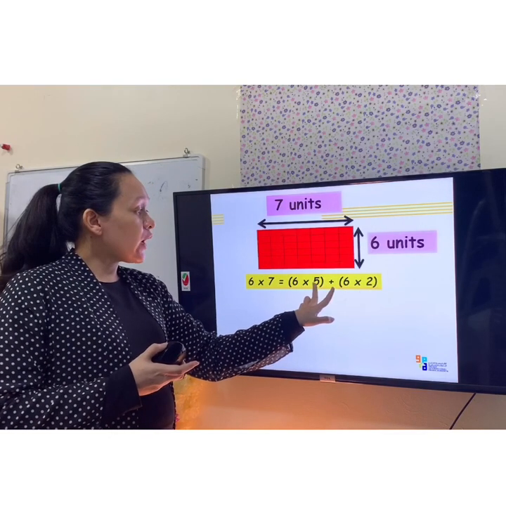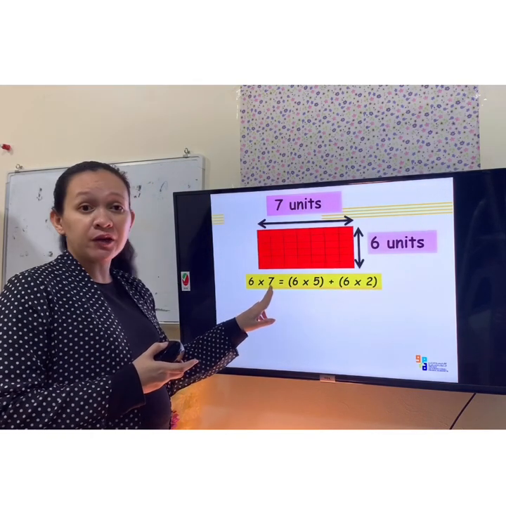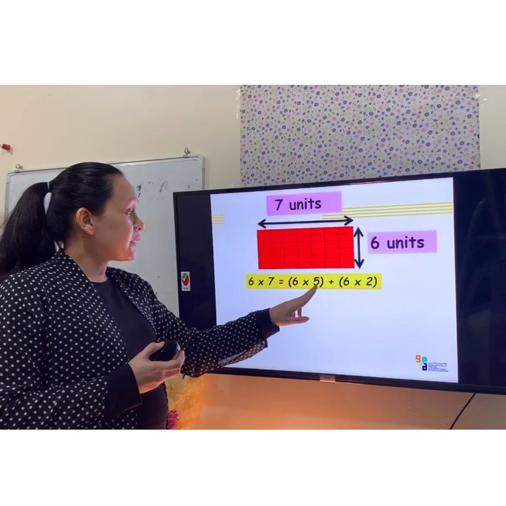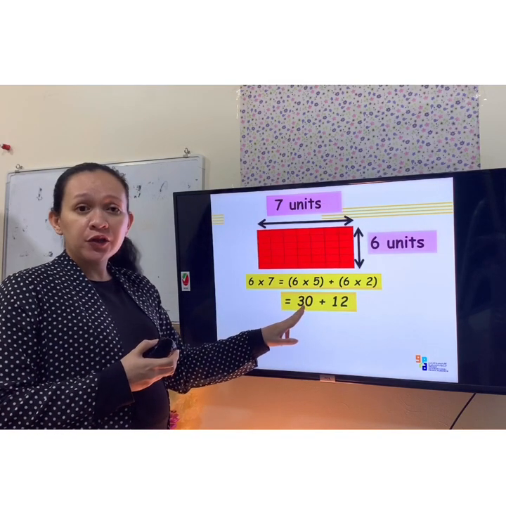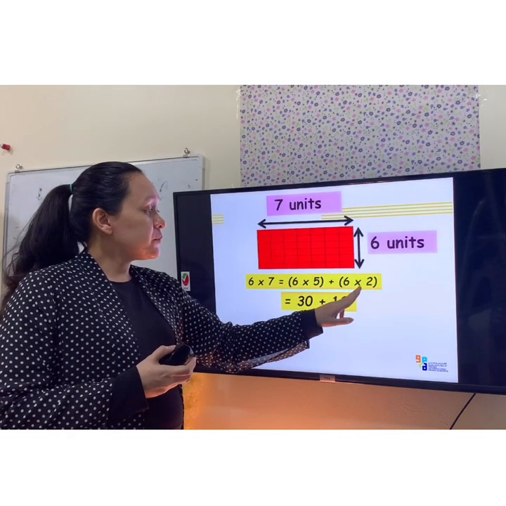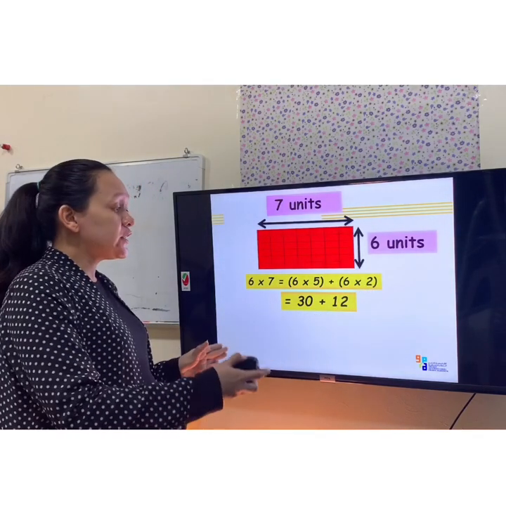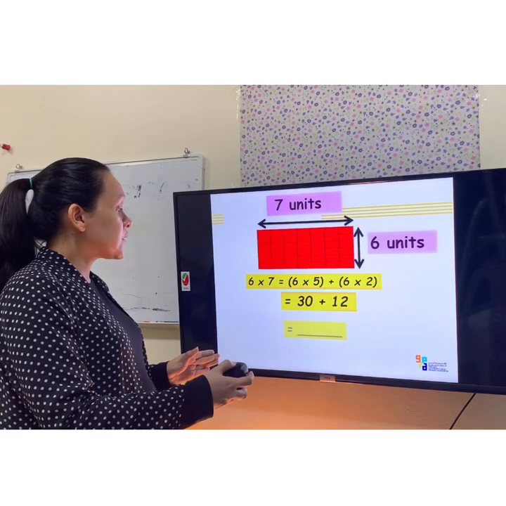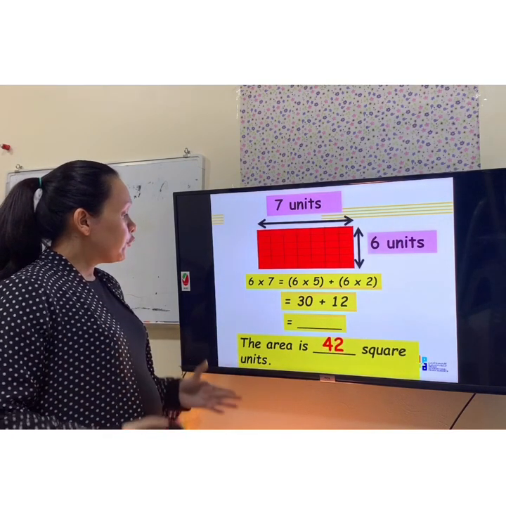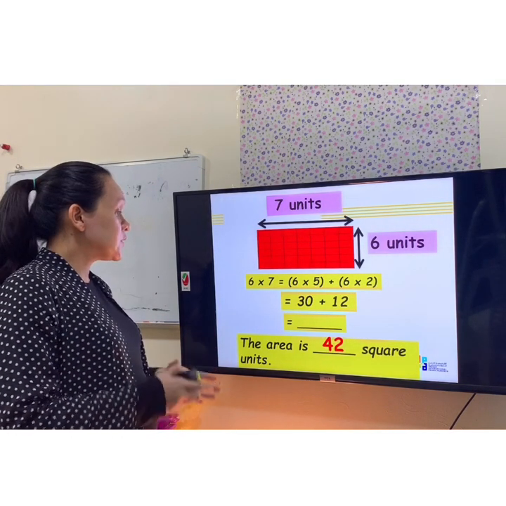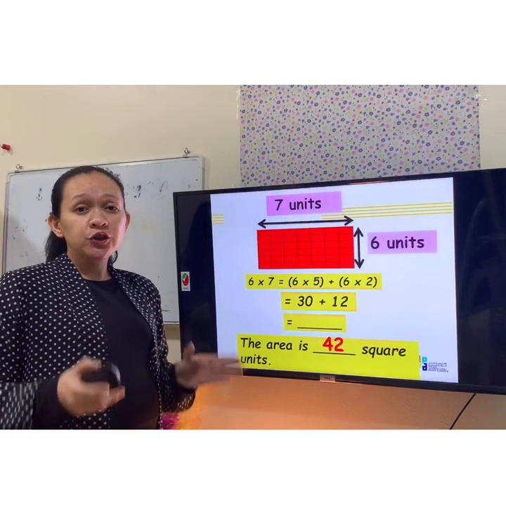If you add 5 and 2, the answer is 7. Now, 6 multiplied by 5, the answer is 30. Now, 6 multiplied by 2, the answer is 12. Now, if you add them both, the answer is 42. So, the area is 42 square units.